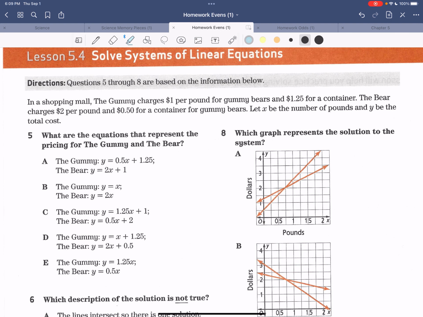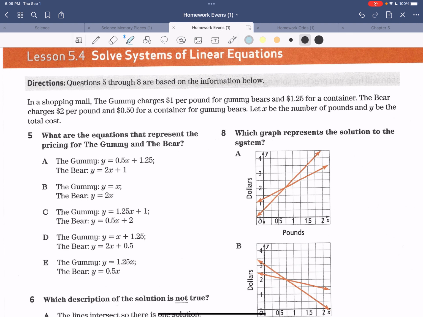So you could go in and just buy a container with no gummy bears, and you would still pay $1.25. So the 0, 0 test on this one is not met. Y equals 1x plus 1.25. And remember, in the algebra books, they will drop the ghost 1. So x plus $1.25 is going to be the Gummy charge.